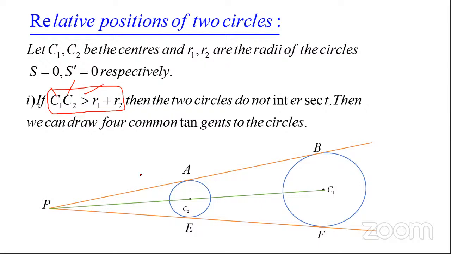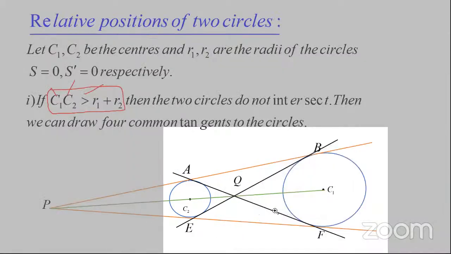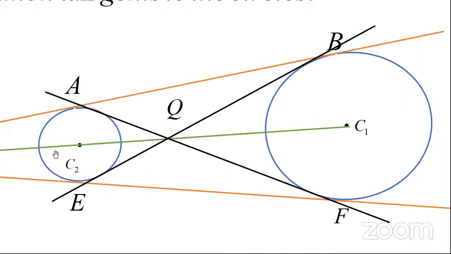This is point P. Once again, this is center 1, and we have a radius R1 for this circle. And this is center 2, with radius R2.